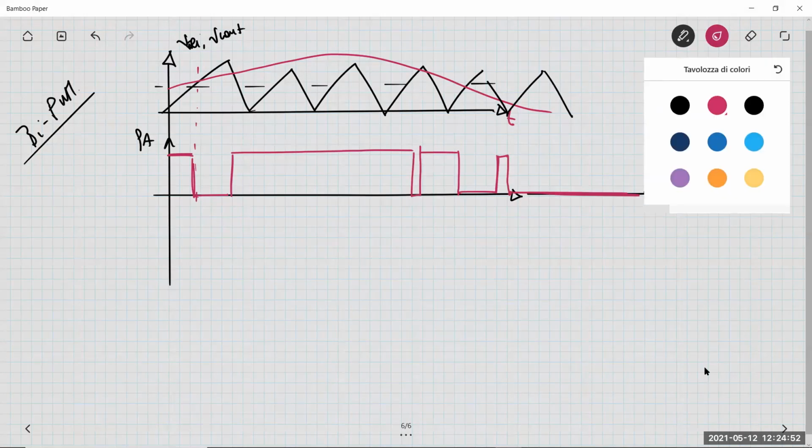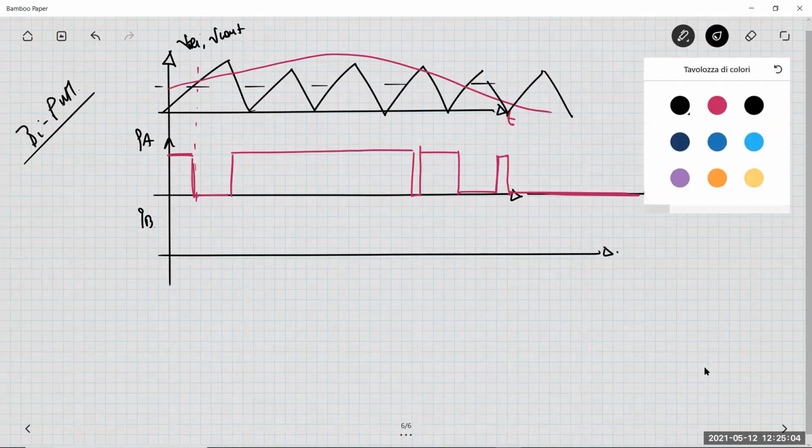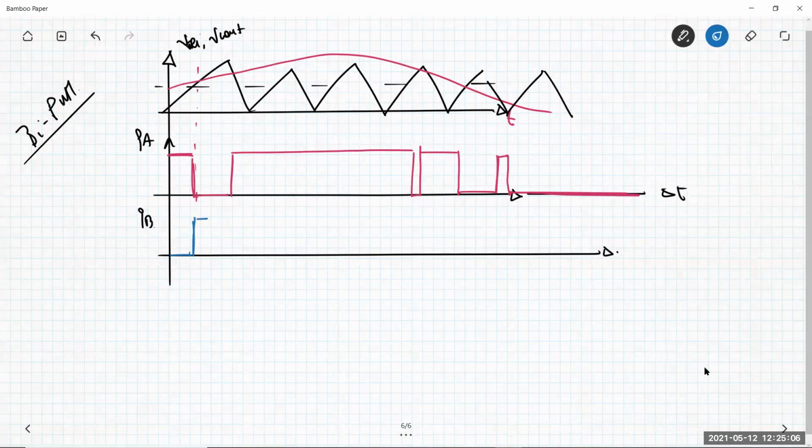QB is obtained by using the same control voltage, but inverting the law by which I generate QB. So it means that I have, for example, here 0, 1, 0, etc. It is the complementary waveform with respect to the previous one.